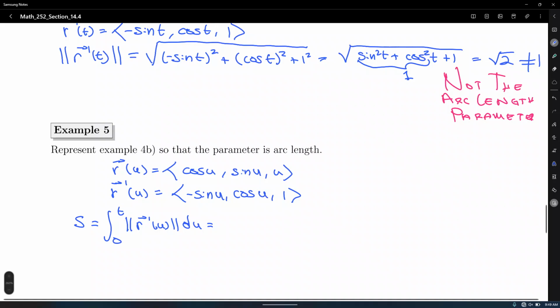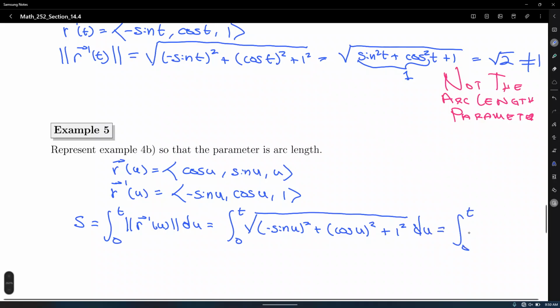So that is the integral from 0 to t of the square root of negative sine u, quantity squared, plus cosine u, quantity squared, plus 1 squared. All this madness here reduces to the square root of 2, right? We just have a different variable. That's all it is. Let me just integrate from 0 to t the square root of 2 du.